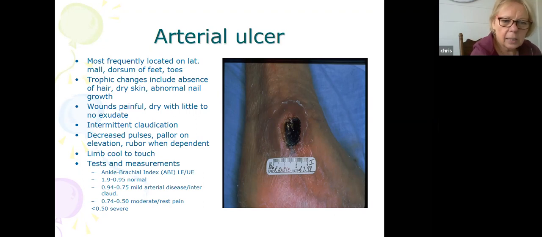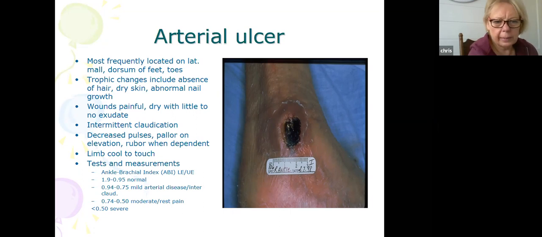Okay, so these numbers change in different books. Don't memorize these numbers, but know that if it's less than 0.50, it's severe. And remember, I said you take the lower extremity. Let's say the systolic of the lower extremity is 90, and the systolic of the upper extremity is 120.